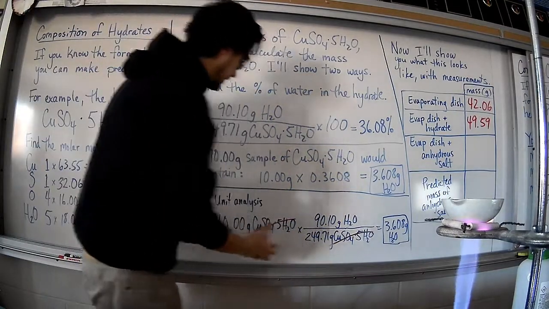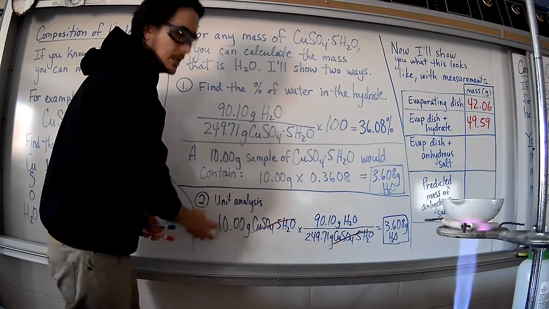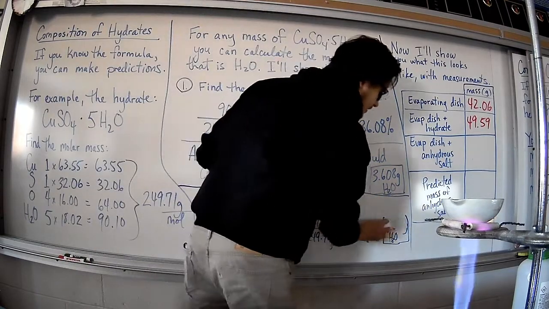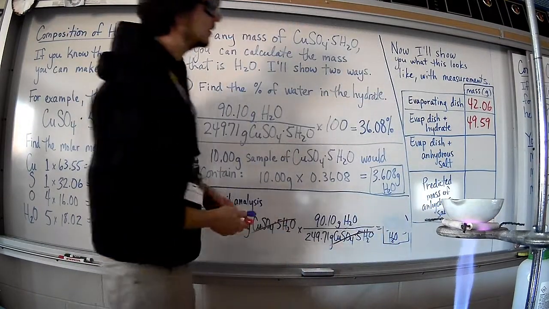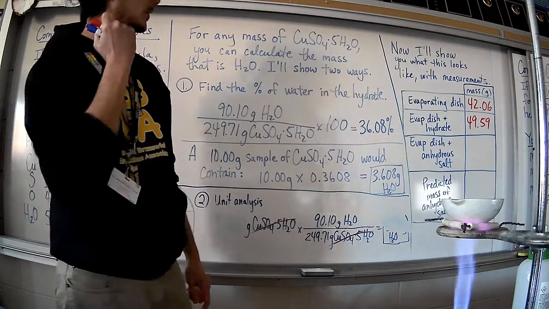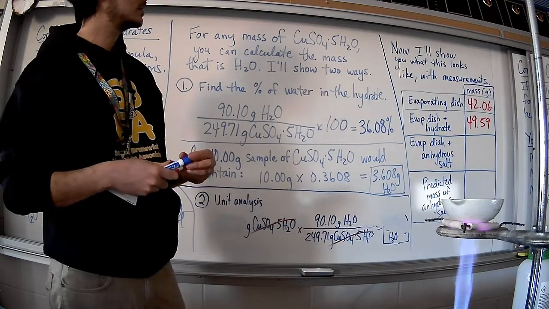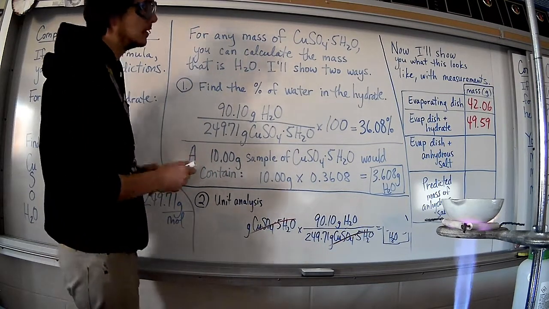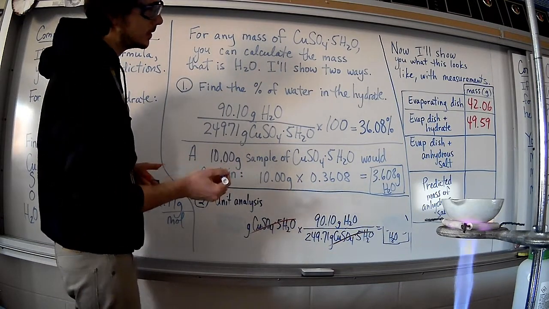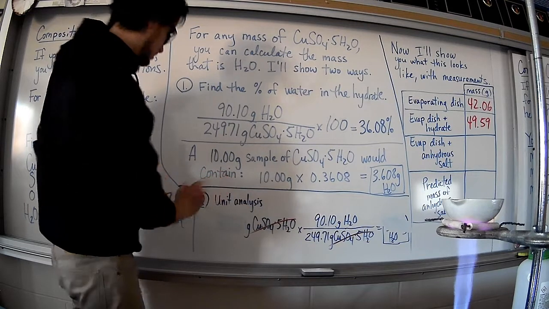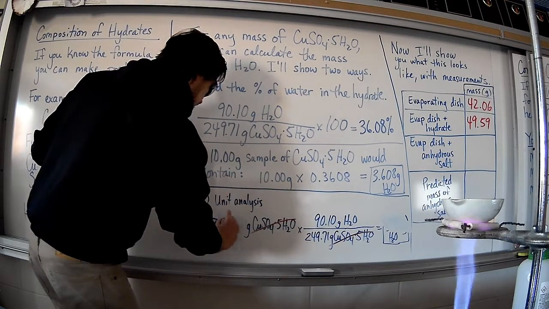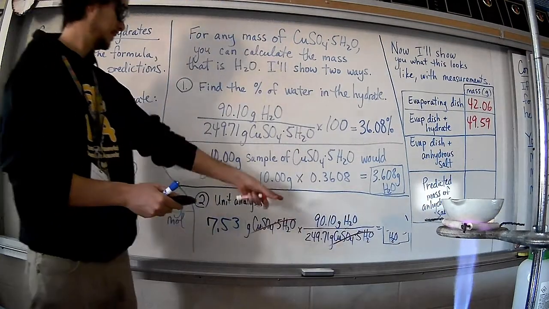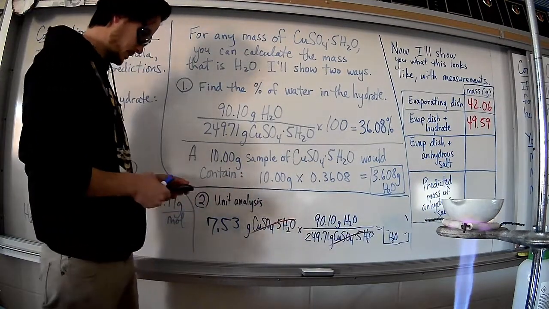All right, so we didn't start with 10 grams of sample, but we're doing the same thing, so I don't need to erase everything. We started with 49.59 minus 42.06. That's how much hydrate we had to begin with. So it's 7.53 grams, times 90.1 divided by 249.71.